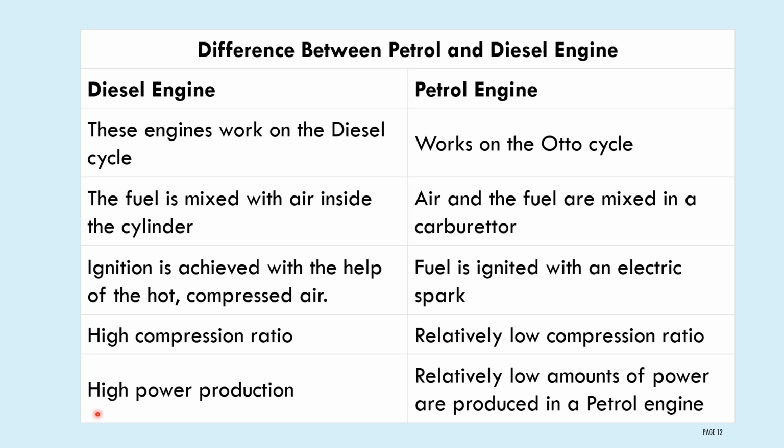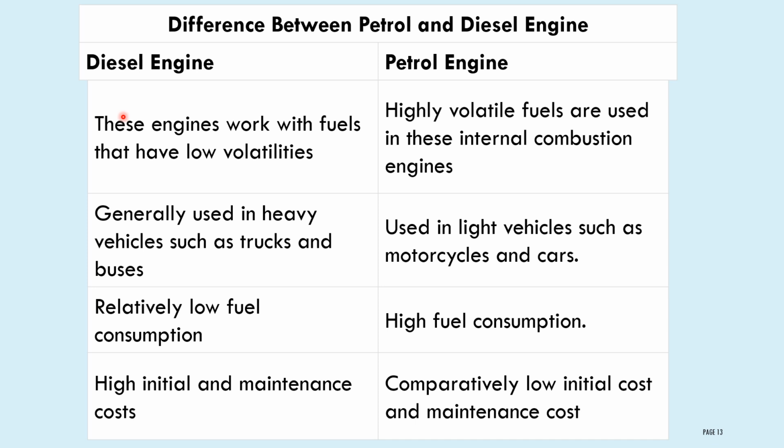A diesel engine produces high power, whereas a petrol engine produces a relatively low amount of power. Next difference: diesel engines work with fuels that have low volatility.